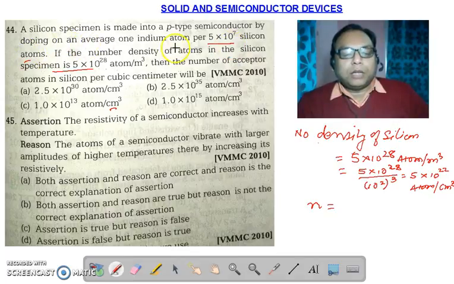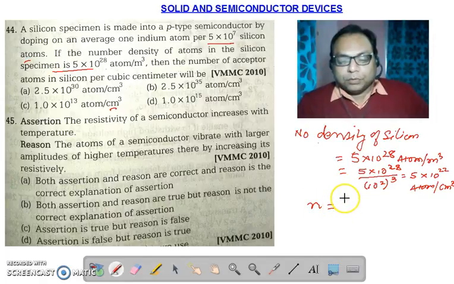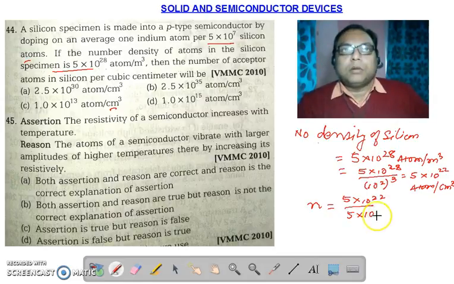So just do this: 5 into 10 to the power 22 divided by 5 into 10 to the power 7.